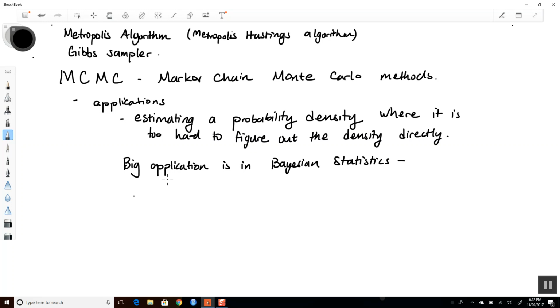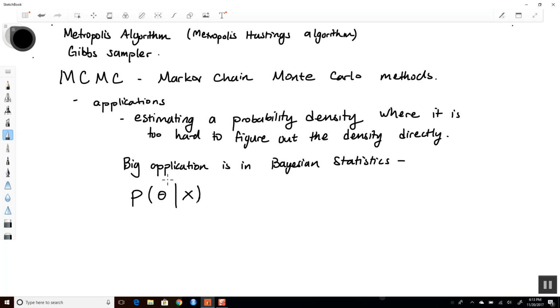So, for example, we would say, we want to get the density of some set of parameters. I forgot what letters I used, but maybe we'll say we have some parameter vector theta based on the data that we have, x, and some other stuff.